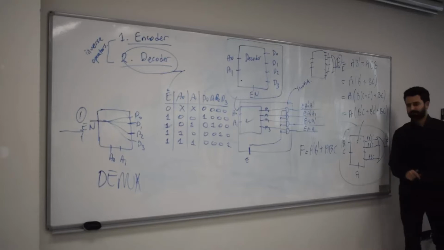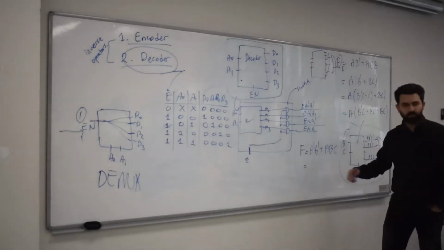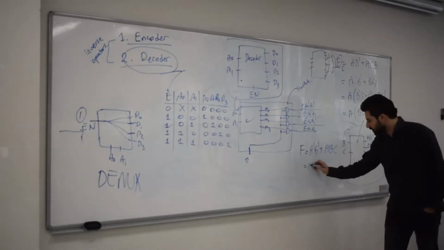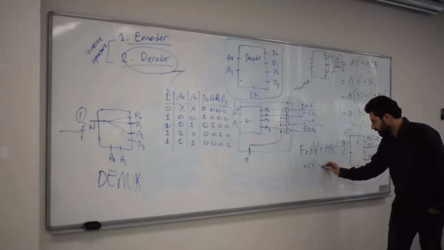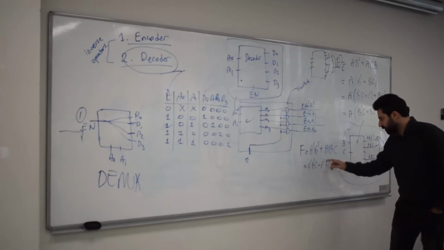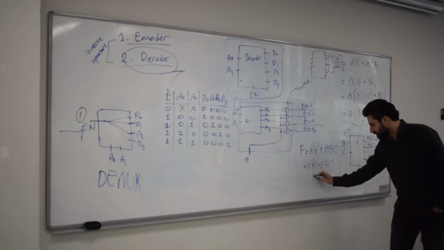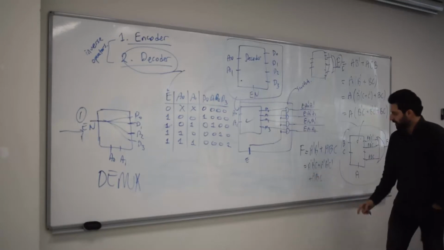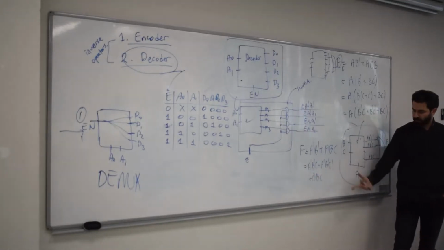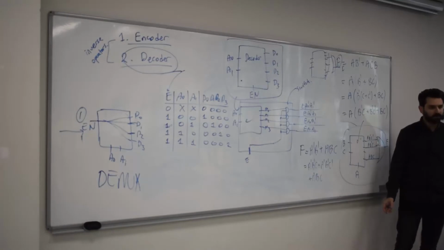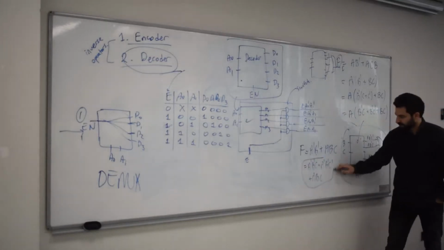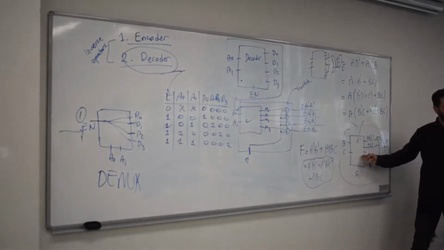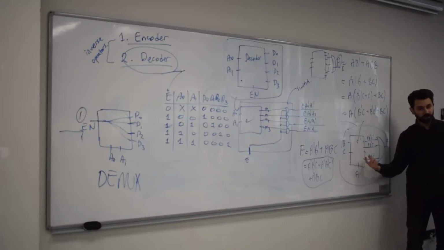Let's write it more explicitly using minterms. This is a prime b prime c plus a prime b prime c prime, right? This one. And there's a b c. Okay. Can you see a term that is common to all of them? No. So therefore, you cannot implement this function using a 2x4 decoder with an enable.